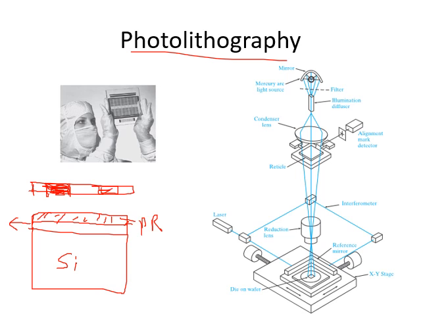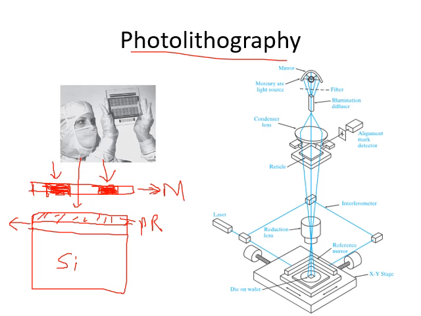There are two types of masks, actually, positive and negative. Wherever the shaded part is, the UV radiation cannot pass through, and where there is no shade, the UV radiation can pass. This is a mask, correct? I'll write M for mask.